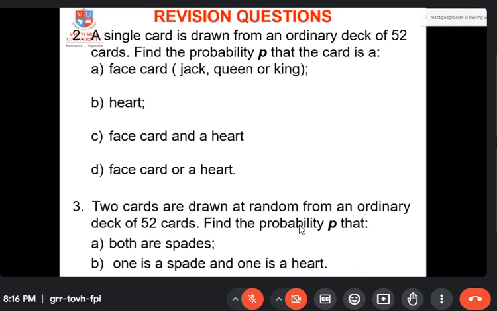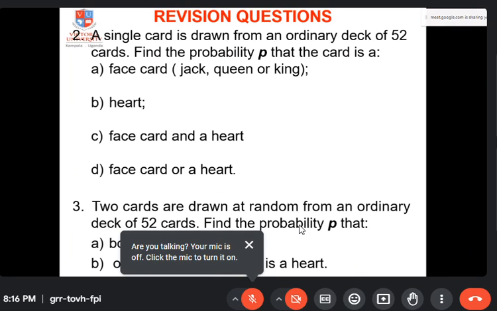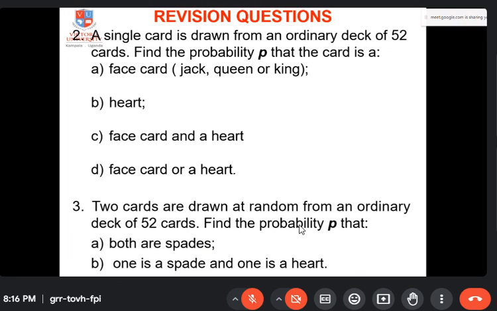Either you pick a spade first, heart next, or you pick heart first, then spade next. So we have those two possibilities, which means that you have to multiply by 2 to get the final answer.